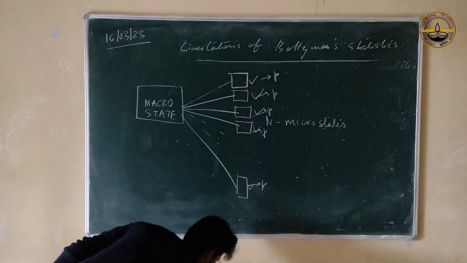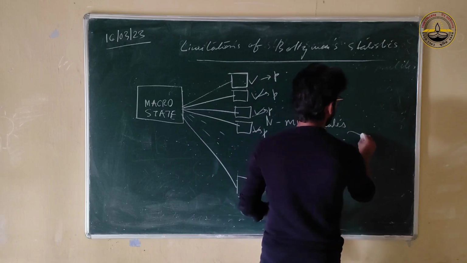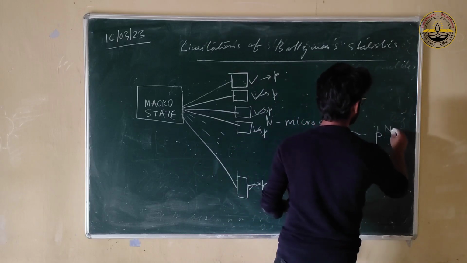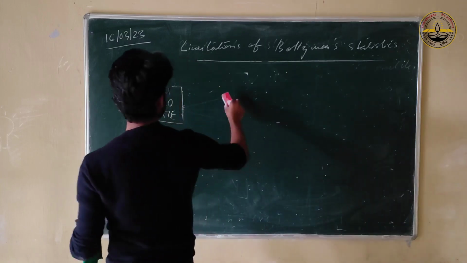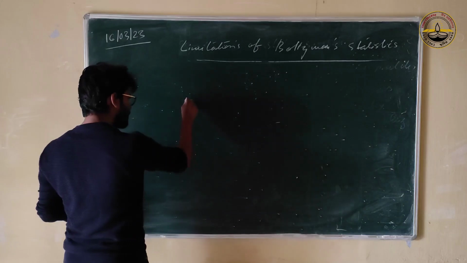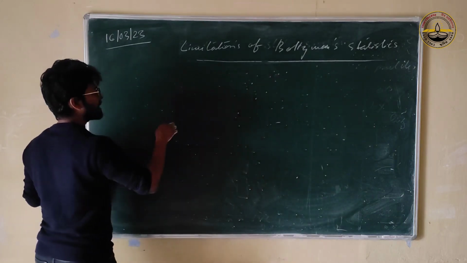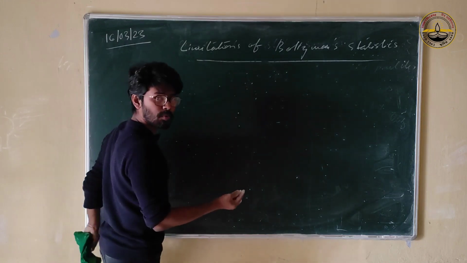Equally probable. Therefore, what does it mean? So your total probability in that case will become P to the power n, if there are n number of microstates of finding in any one of them. So that means a macrostate that has maximum number of microstates will be more probable.